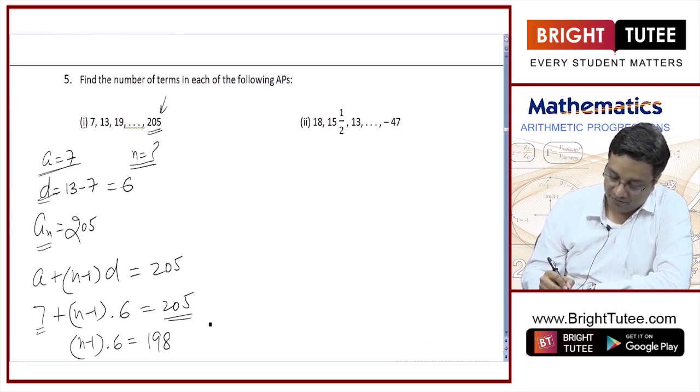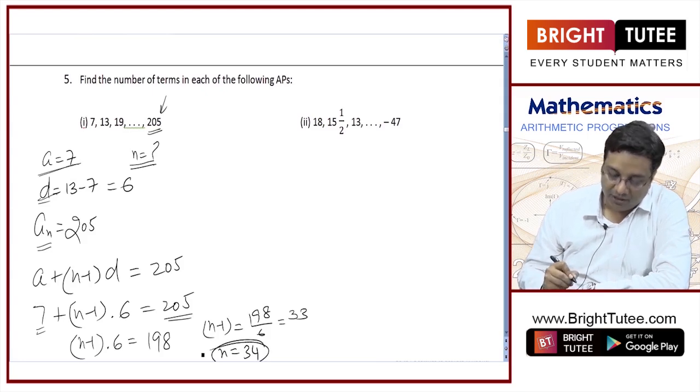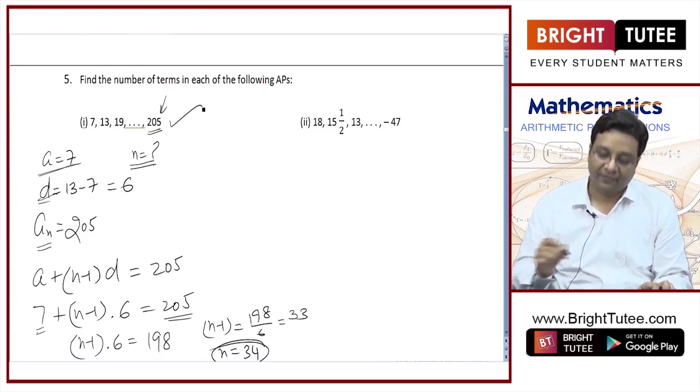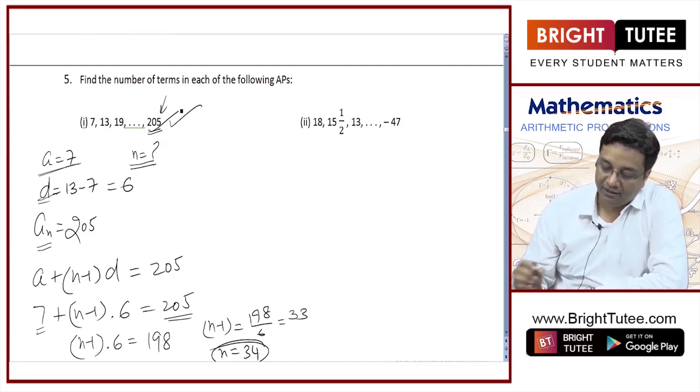So what is n minus 1? N minus 1 is 198 by 6, which is equal to 33. So n is equal to 34. So the number of terms in this AP is equal to 34, 205 being the 34th term, right?